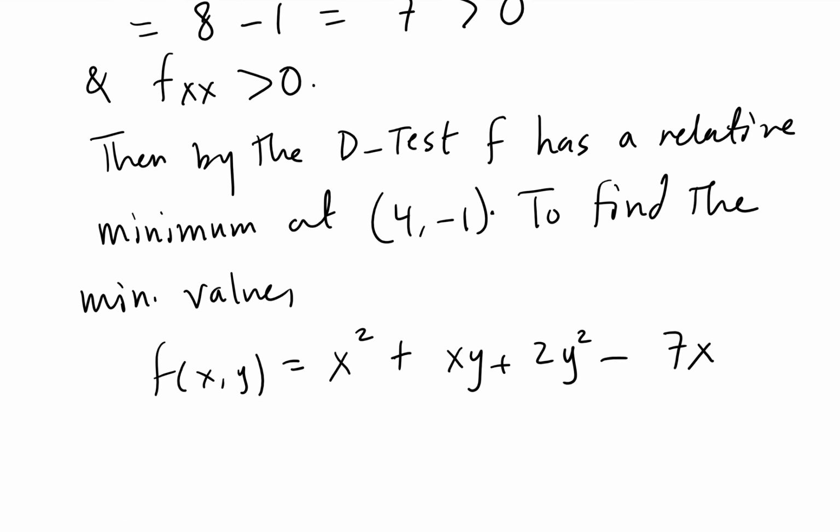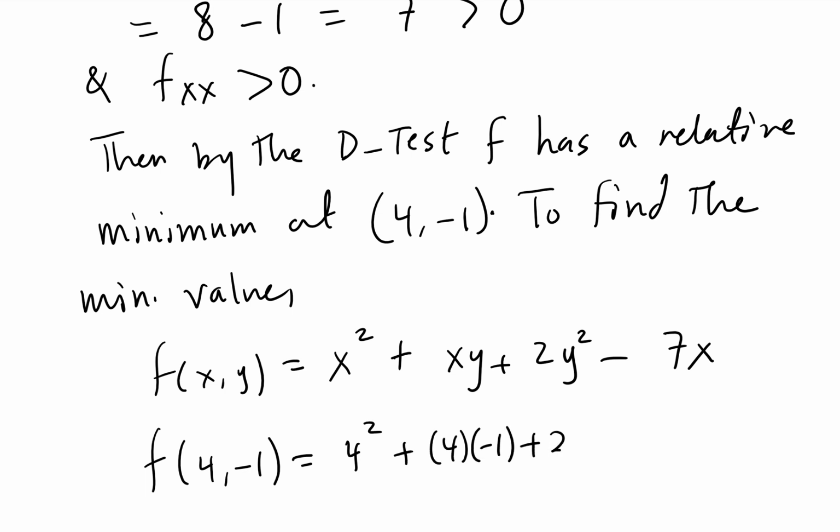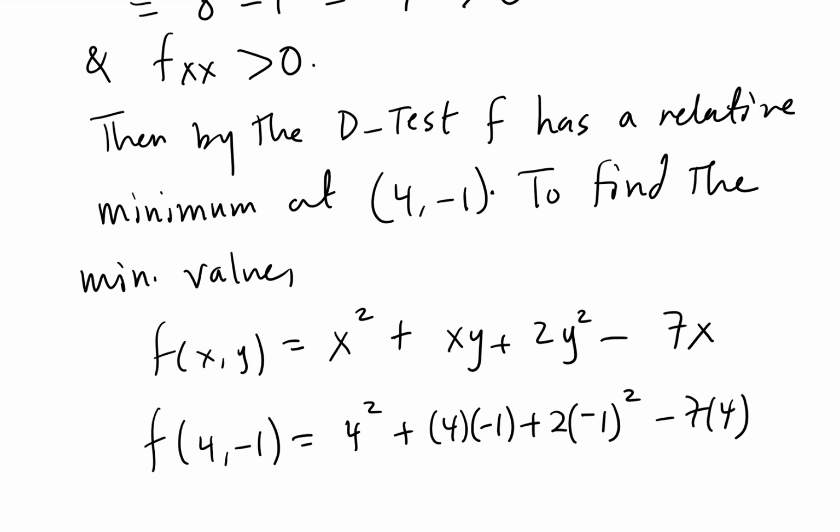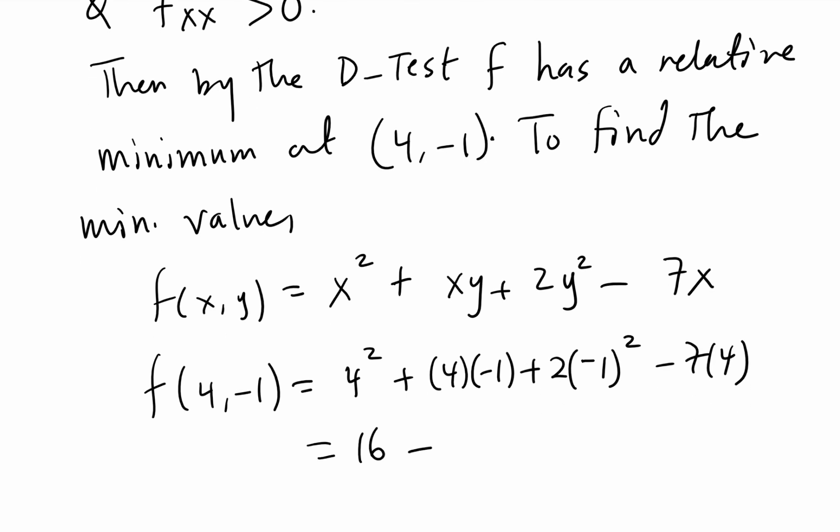So all we have to do is evaluate this at the critical point, f of (4, -1). So 4 squared plus 4 times -1 plus 2 times (-1) squared minus 7 times 4. That gives us 16 minus 4 plus 2 minus 28, and that would be -14.